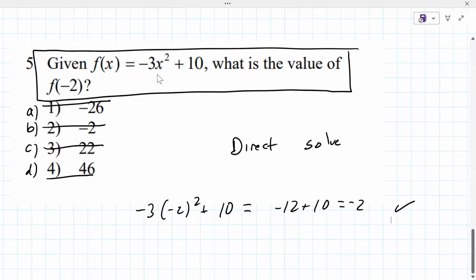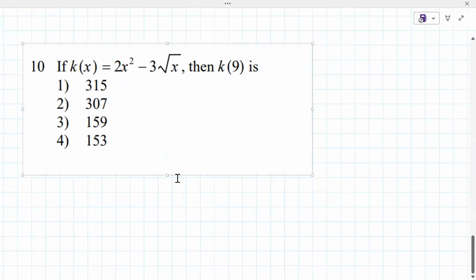Good. All right. Let's try one that's slightly more difficult. Again, I recommend not looking at the answers if you can, and just doing it, and then your answer should be there.